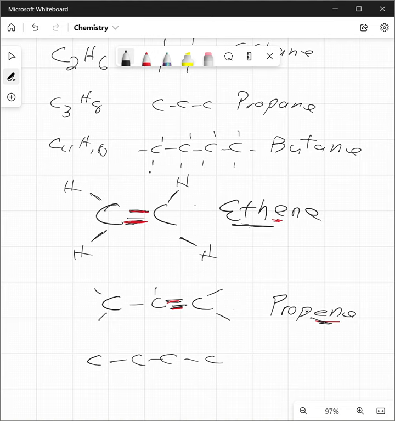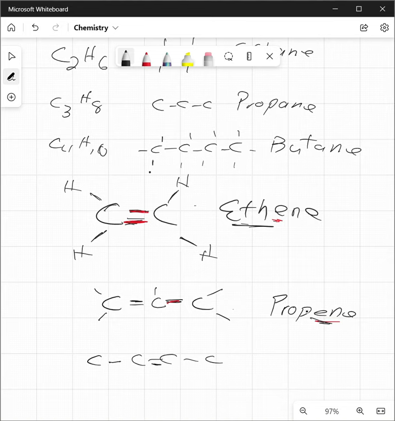It didn't matter before because I could flip it either way, it's the exact same thing. However, now that I have 4 carbons, it's going to matter greatly. I can put it here, which is different from putting it here.